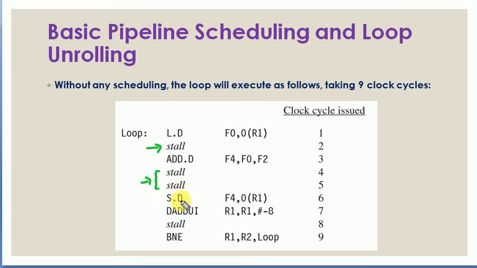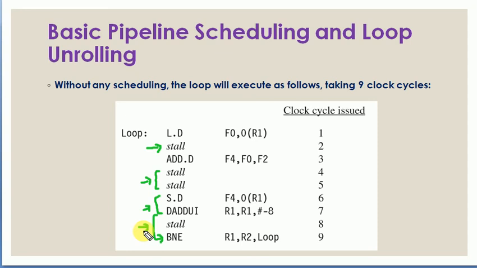Then we have a store. Between store and the next instruction there is actually no delay. Between an FP operation and a branch, which is not mentioned in our previous table, a single stall will be generated. That was only a sample table; not all the latencies are mentioned there.